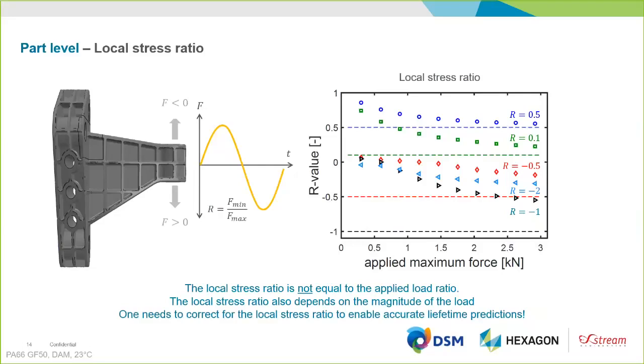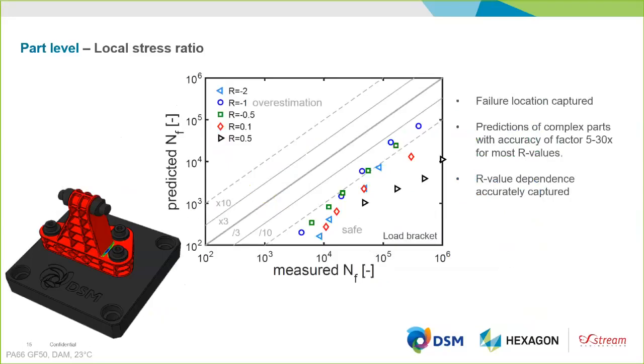Okay then, so how about the predictions with our approach? That we can see on slide number 15. Perhaps first of all, we represent the lifetime in this graph in terms of predicted lifetime, so predicted NF versus the measured lifetime.